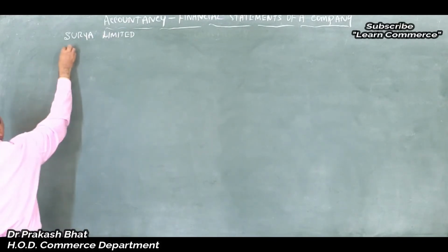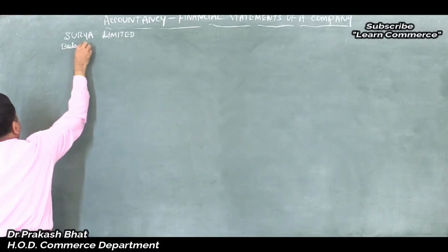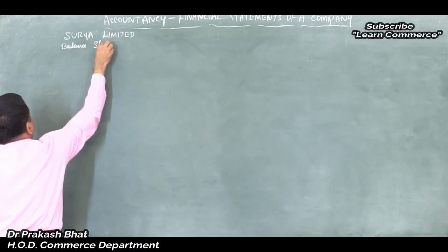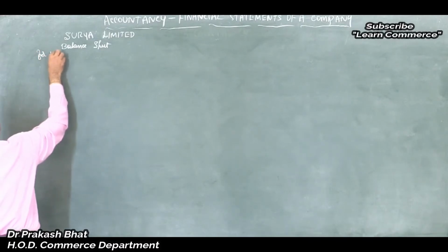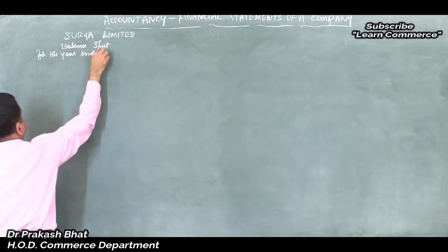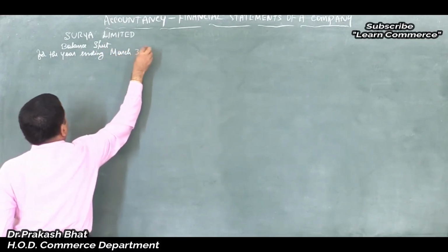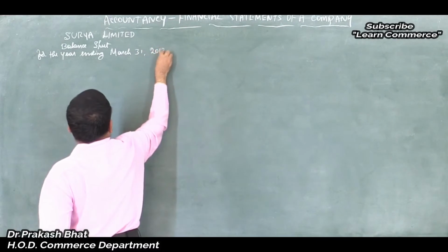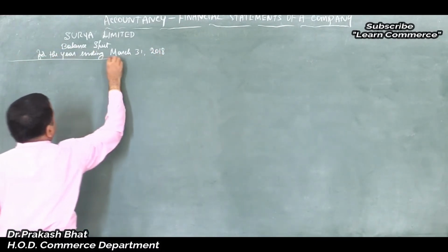Balance sheet for the year ending March 31st, 2018. Correct? Draw the columns. Do it fast.